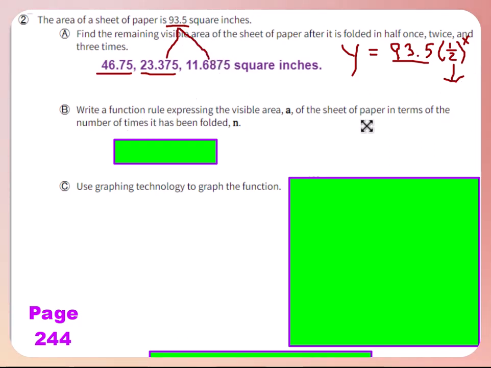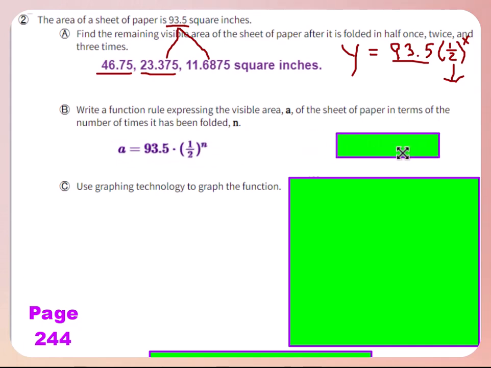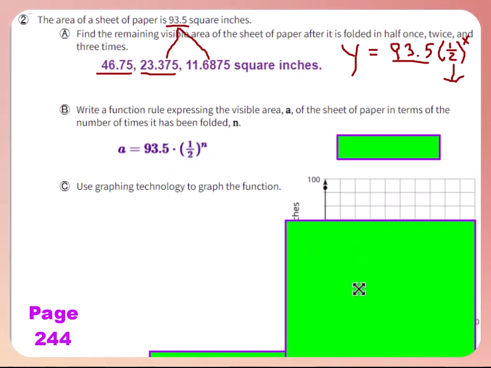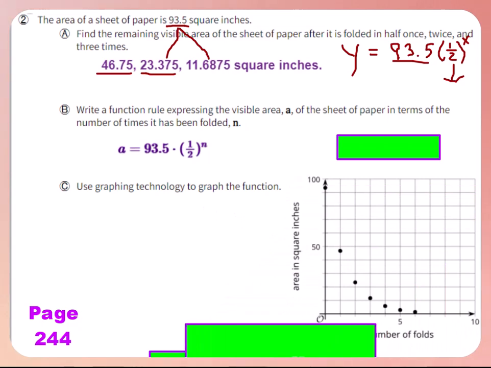So how do we write that function? A equals the initial amount times 1/2 to the n. Then put that in Desmos, use graphing technology to graph that function. Check and see if it looks like this, and let me know if this slide has any mistakes in it.